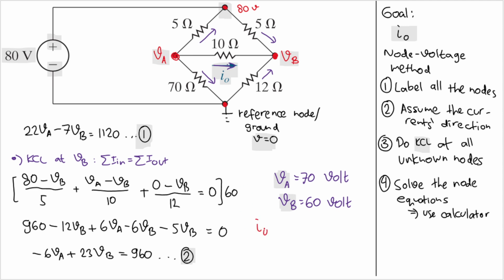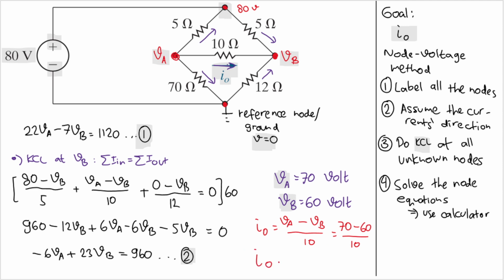Because I0 is just VA, where the current comes from, minus VB, where the current goes to, divided by the resistance between them, which is 10, right? So we'll have 70 minus 60 divided by 10. 70 minus 60 is 10. 10 divided by 10 is just 1.